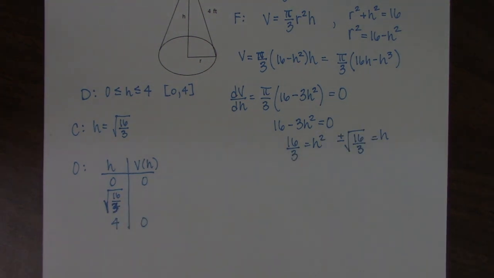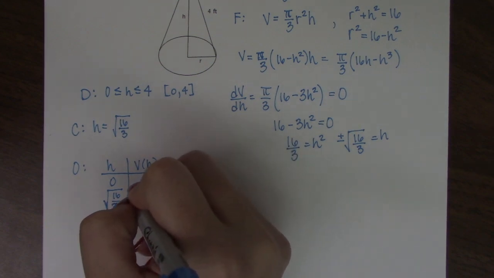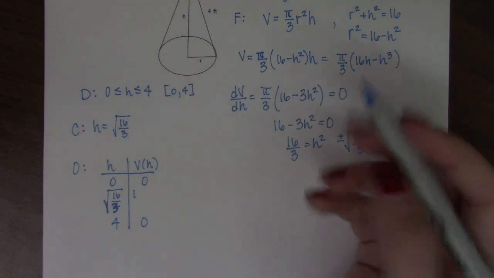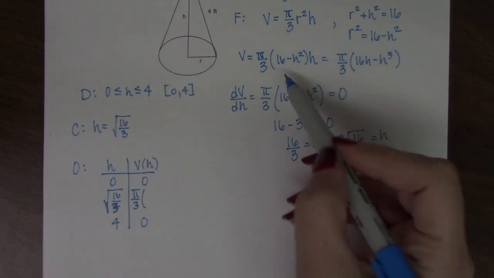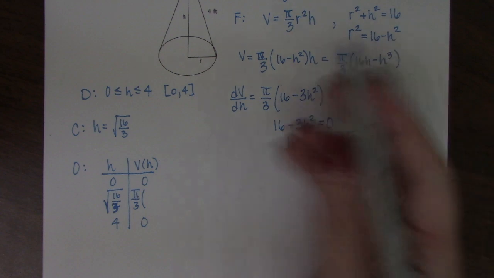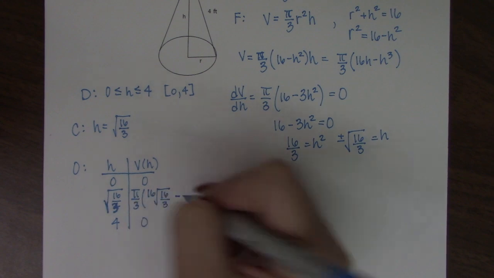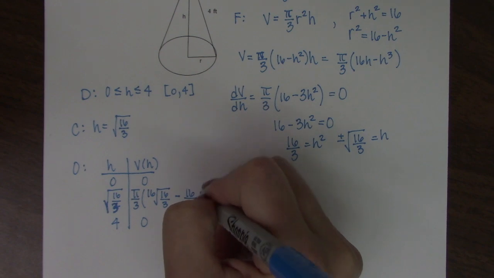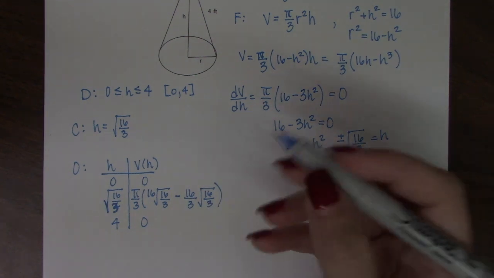So now we need to plug the square root of 16 over 3 into our volume equation. And when we do that, I get pi over 3 times 16h, so it's 16 square root of 16 over 3, minus this guy cubed, and so that works out to be 16 over 3 times the square root of 16 over 3.